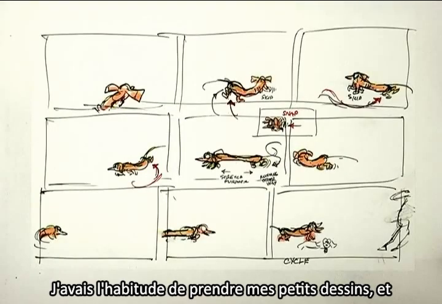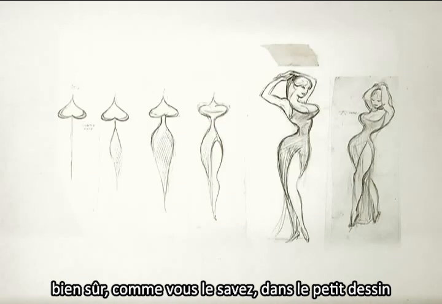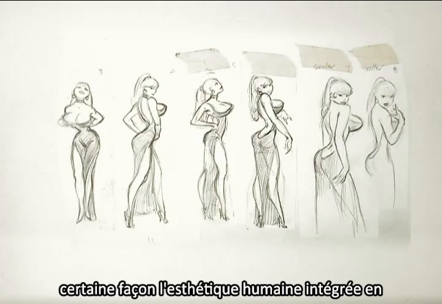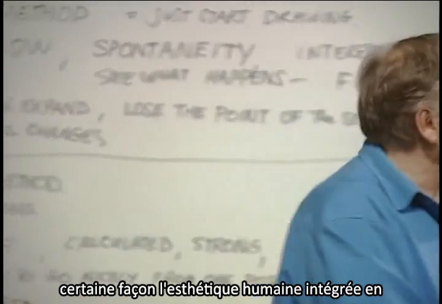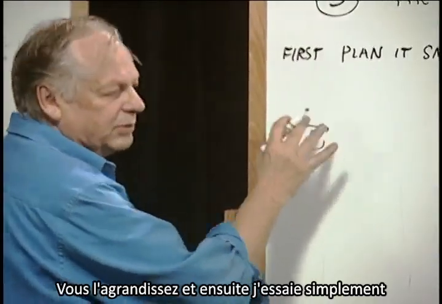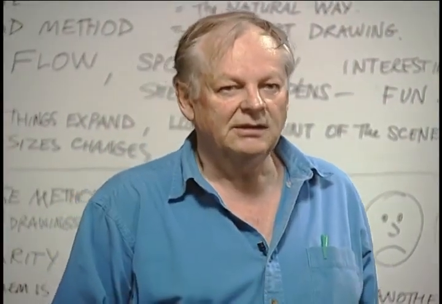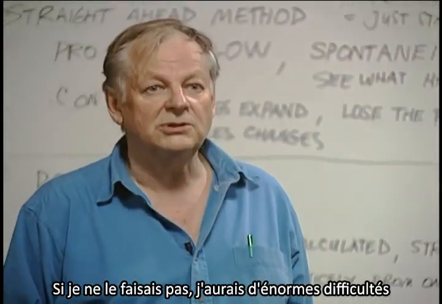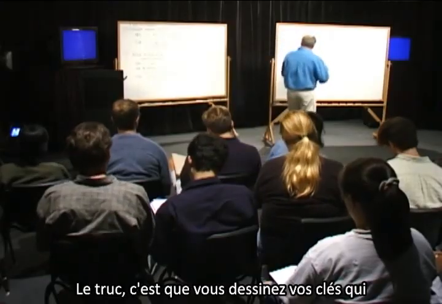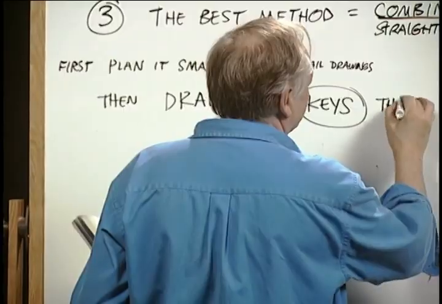I used to take my little drawings, and of course, as you know, in the crummy little rough drawing, you have somehow the human aesthetic built into us, gets the shape of everything real clear. You blow it up, and then I just try to do a nice drawing on top of this thing. If I didn't, I'd have an enormous trouble doing the big drawing. Anyway, the thing is, you draw up your keys that tell the story.